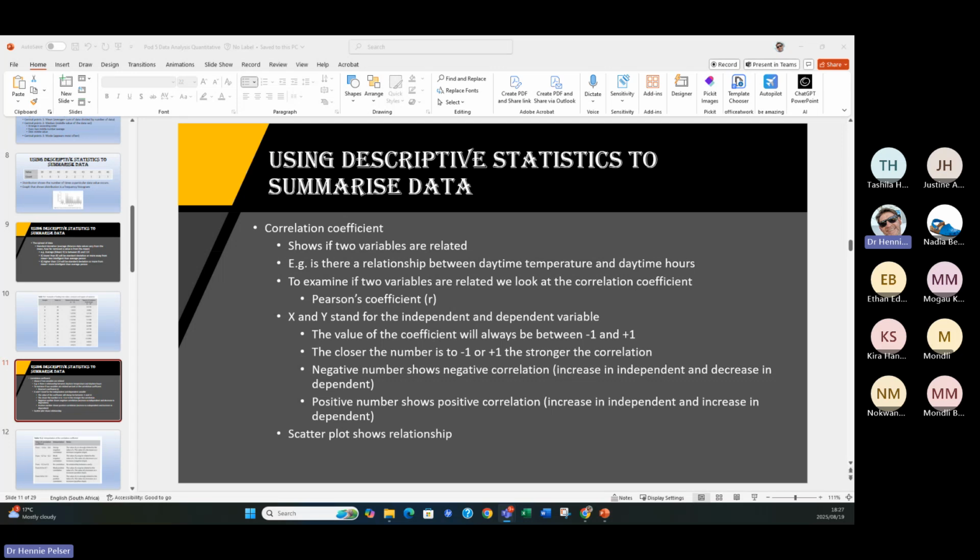Everyone is very quiet. Absolutely. Increase in exercise, decrease in your weight. A nice one to Sheila. A nice one. Okay. Guys, and then obviously if we have a positive, so increase the independent variable and increase in the dependent variable. The earlier you start to study, essentially, the better you'll do in an exam. So a positive relationship between the two.